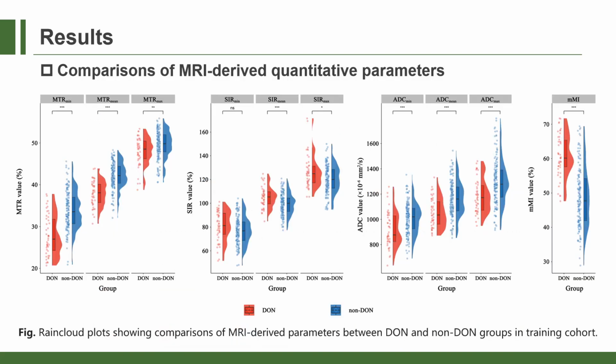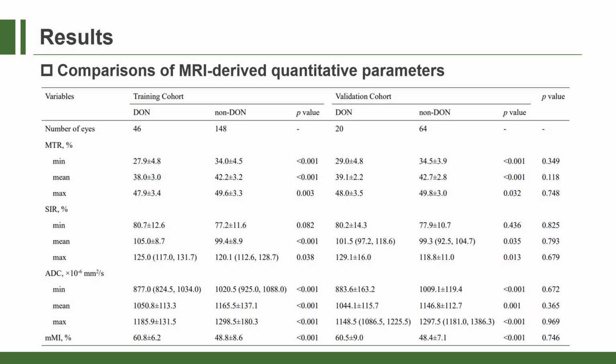In the training cohort, patients with DON exhibited significantly lower MTRs, higher SIRs, lower ADCs, and higher MMIs than patients without DON. Detailed comparisons of the imaging parameters between the DON and the non-DON groups in both cohorts are presented in this table.